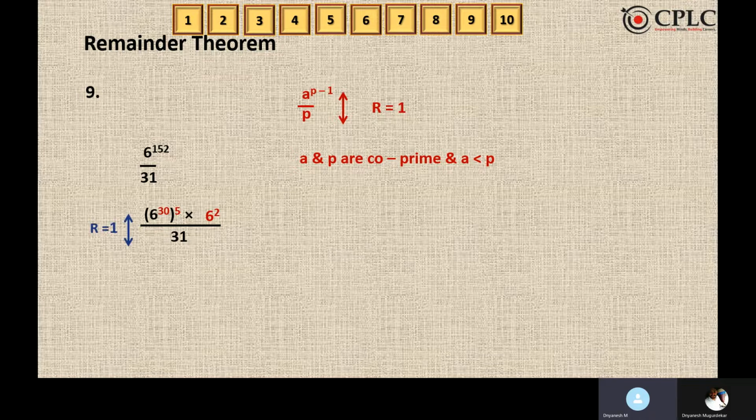Right side, you still have 6 square, which is 36. 36 when divided by 31, the remainder will be 5. In between, there is a multiplication. Left side remainder 1, right side remainder 5. 1 into 5, final answer 5. Option 3. All these are purely observational skills and structures.